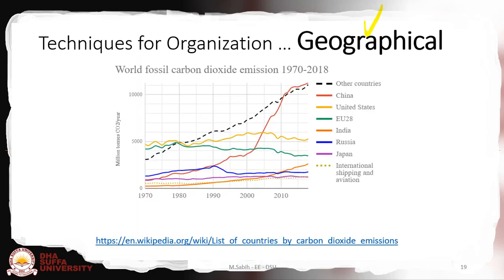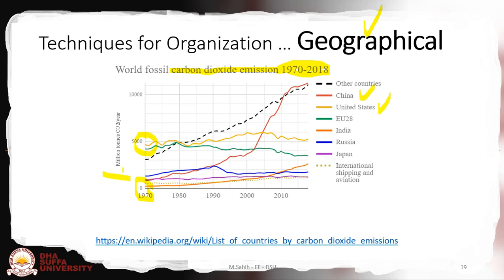Then here comes the geographical way. For example, if we are interested in the carbon dioxide emission from 1970 up to 2018 for different countries. Let's take China and USA. The USA in 1970 is here, while China in 1970 is around here.